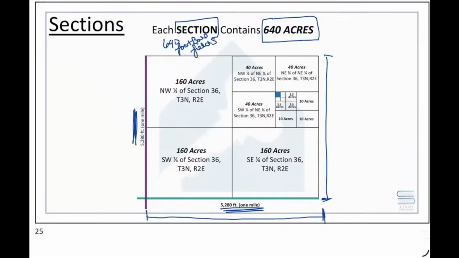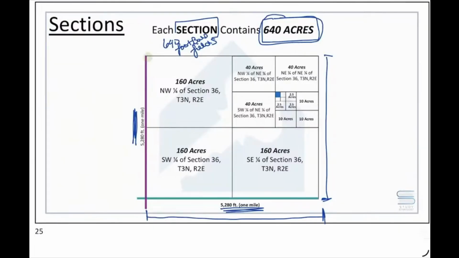So what they did is they said, look, we may have a section that still has 640 acres, but that's too much land. Let's further split this up. And so what they do is they quarter it.